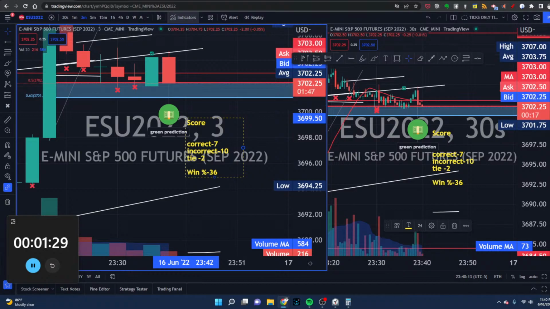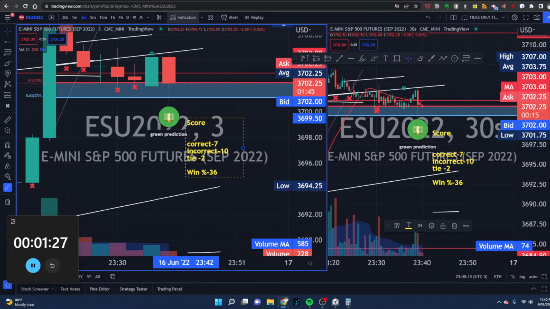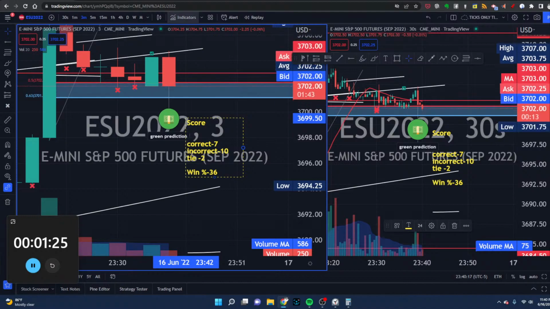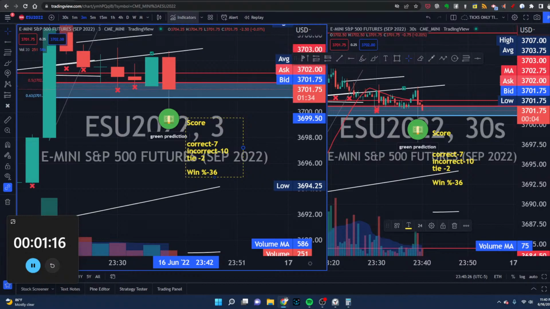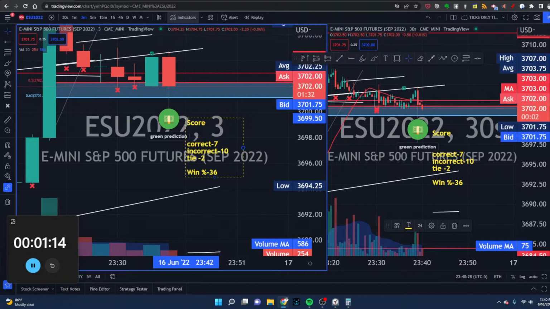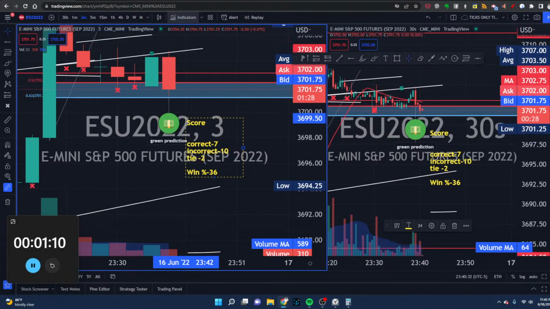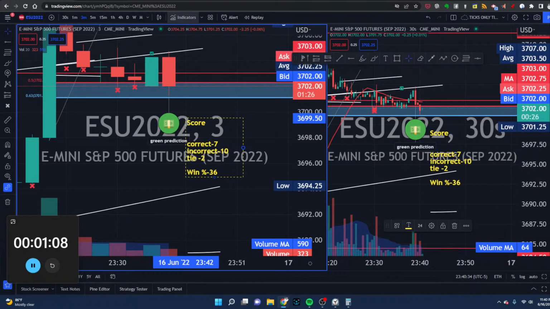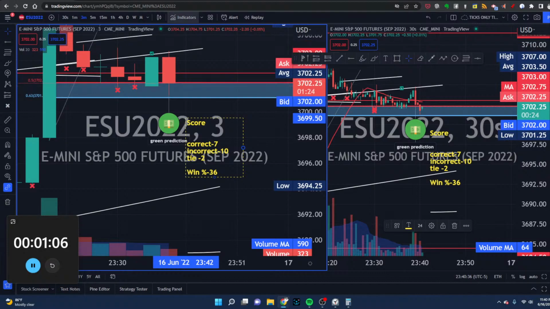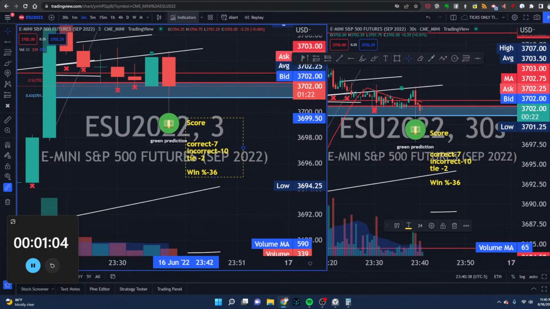As this candle reverses this entire candle. Equal lows. Okay, new low. I expect these bulls to come in at the end here.